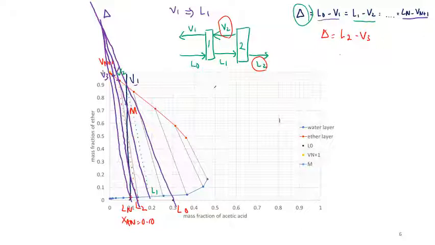Okay, so then you get V3 here, number 3. After V3, you approximate another tie line to get L3. After you get L3, you repeat. You connect L3 and the operating point.